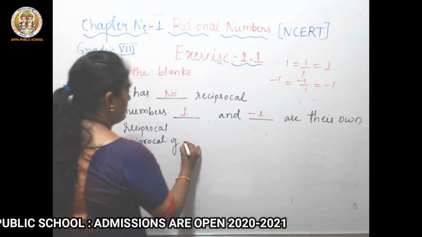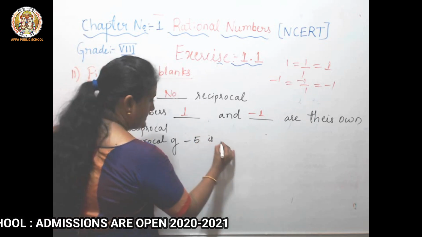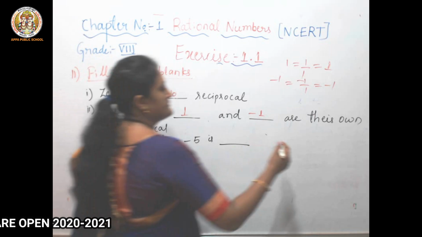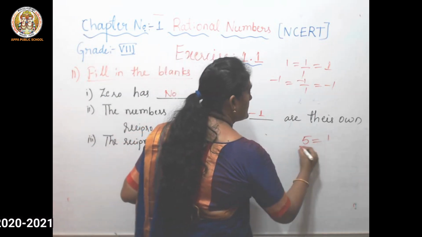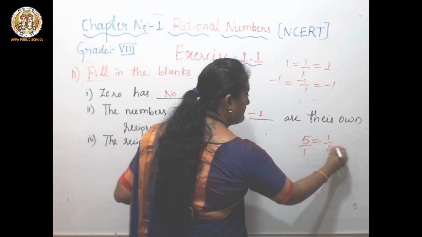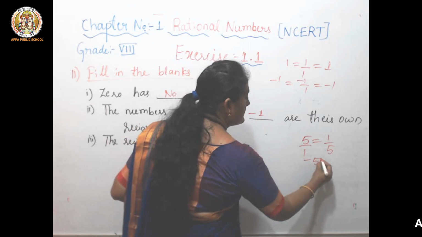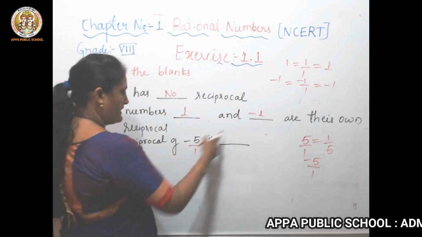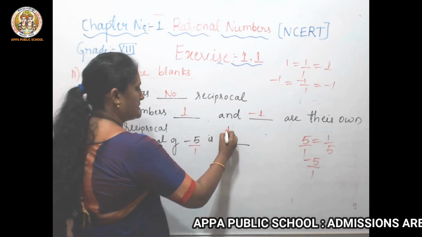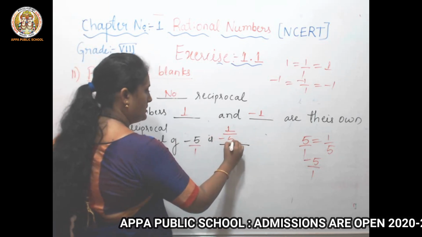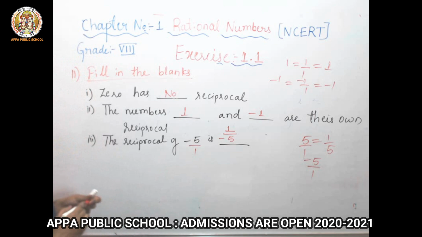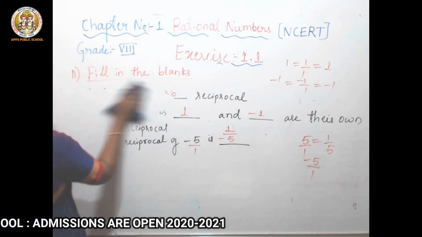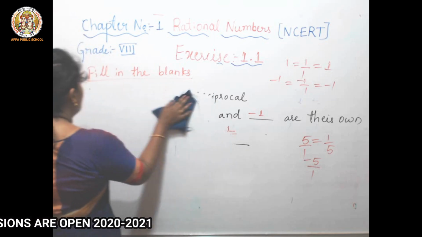How can we write the reciprocal of this? Nothing is there means 1. Minus 5, nothing is there means 1. So first will be the denominator, that is 1, and the numerator goes down. So the answer is minus 1 by 5. This is the question number 3. So still 2 more are there. So next, the fourth one of this bit.